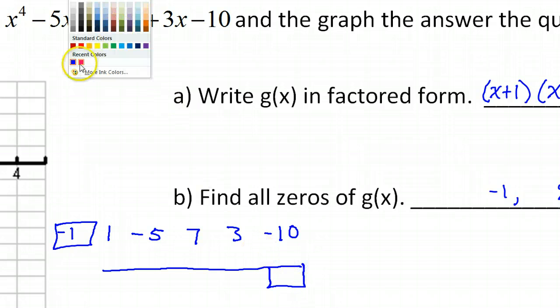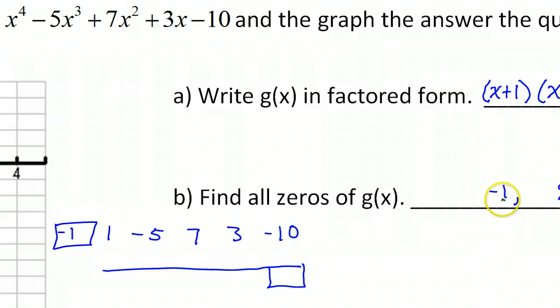Alright, this one should definitely work because we saw the 0 right on the graph as an x-intercept. So this is going to come down. 1 times negative 1 is negative 1. This will make negative 6.